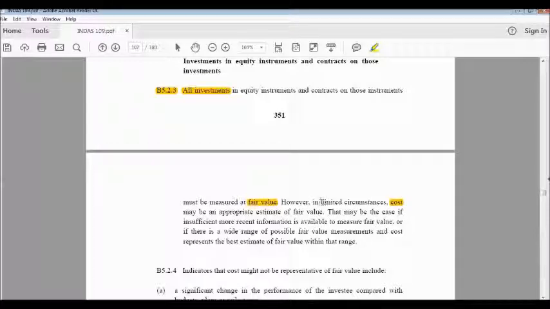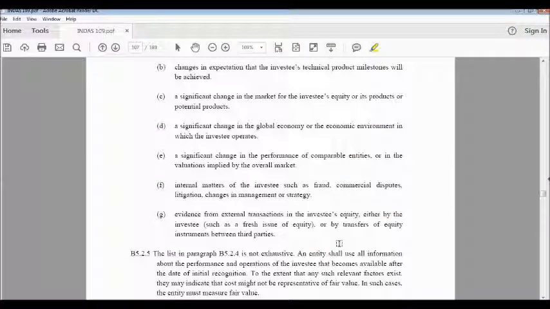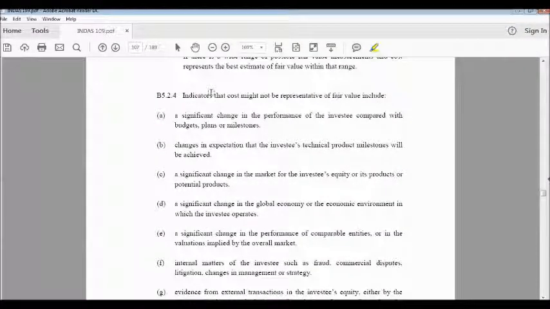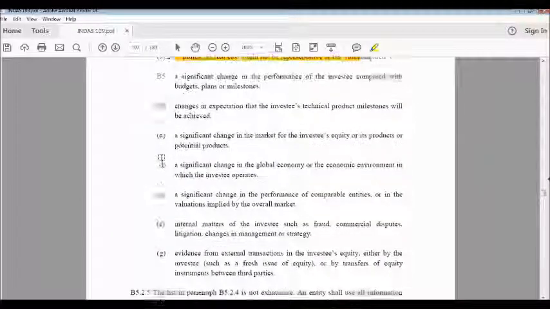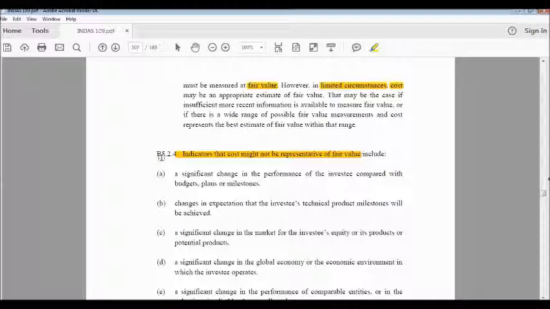So that may be the case if insufficient more recent information is available to measure the fair value, or if there is a wide range of possible fair value measurement and cost represents the best estimate of fair value within that range. And paragraph B5.2.4 also gives you the indicator that cost might not be representative of fair value, which includes A to G, in those situations.